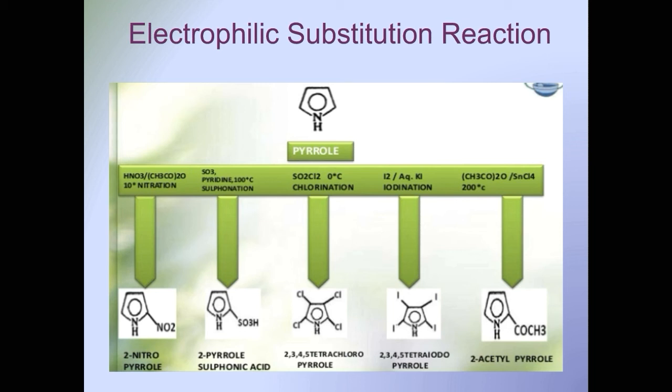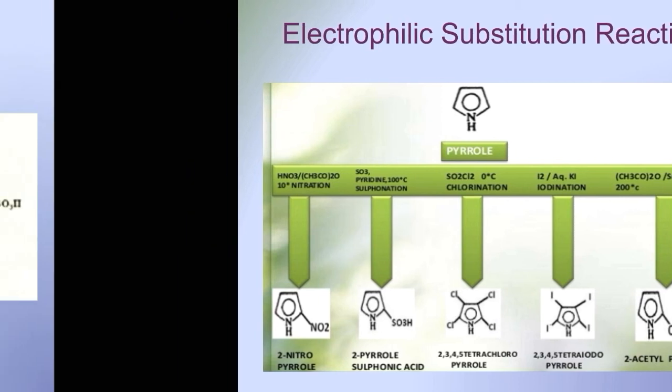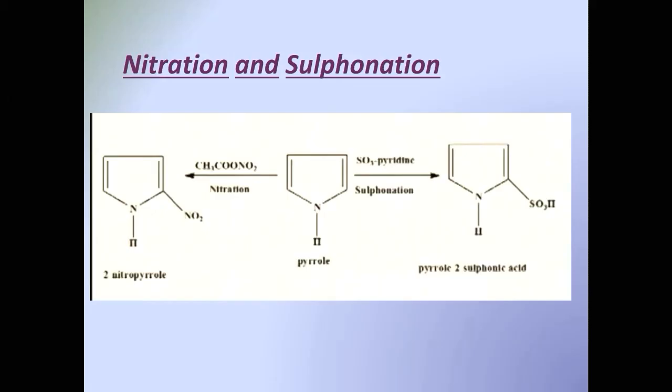Now we will see the electrophilic substitution reactions, that is nitration and sulfonation, halogenation, and halogenation includes chlorination, bromination and iodination, and lastly the Friedel-Crafts acylation. We will see them one by one.